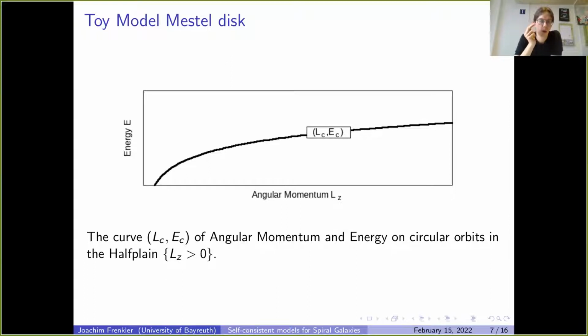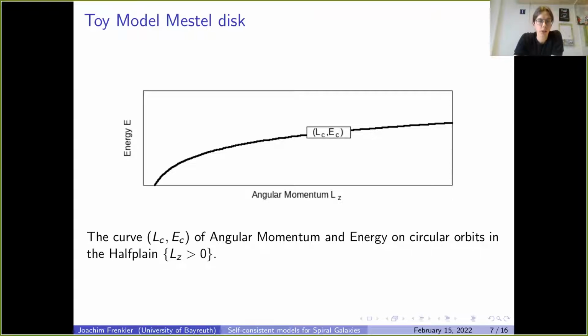And if we then draw this curve into a diagram, we get a logarithmically shaped curve. And this is what I sketched here. I've sketched here the half plane where Lz is greater than 0, because this way we have only rotation in one direction around the center.